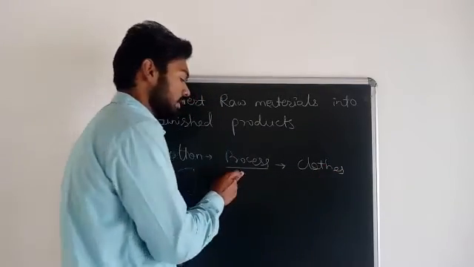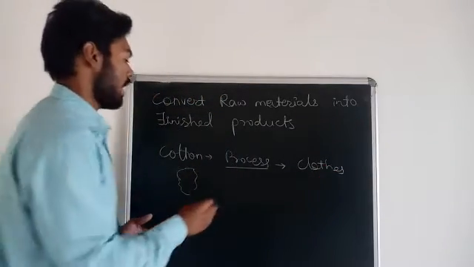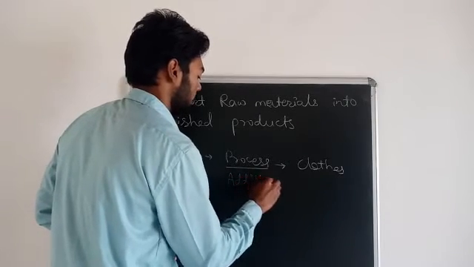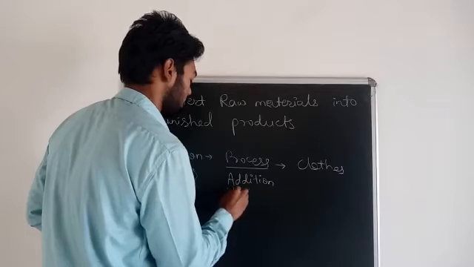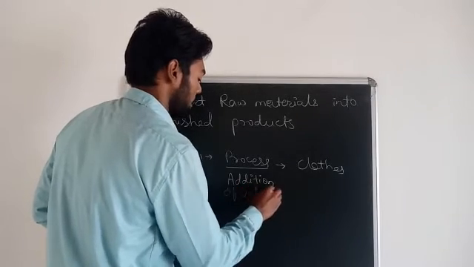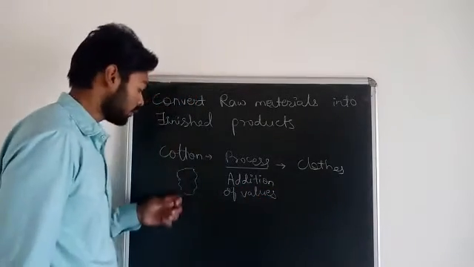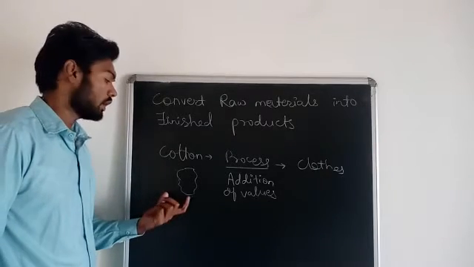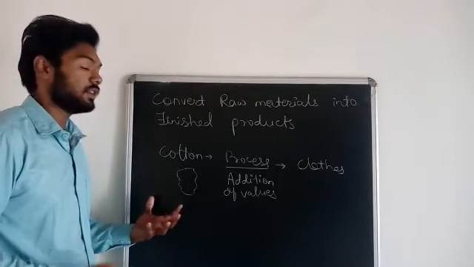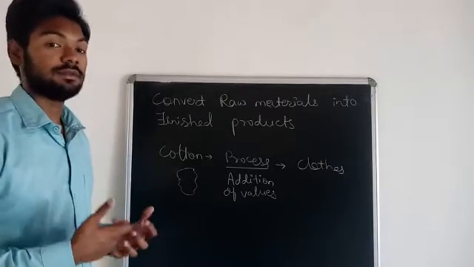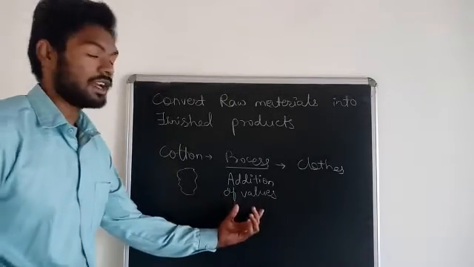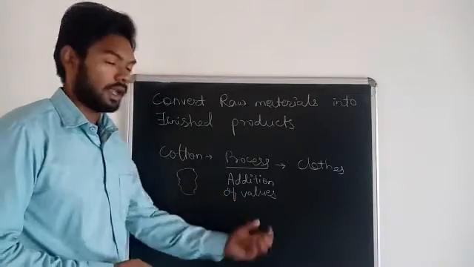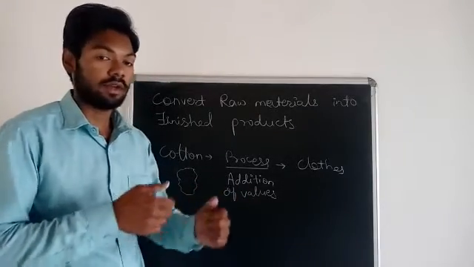Now this processing is called addition of values. It means this cotton in itself did not have much value of use, or it was not very feasible to use in an easy manner. But after the addition of value, what is the added value of cotton?